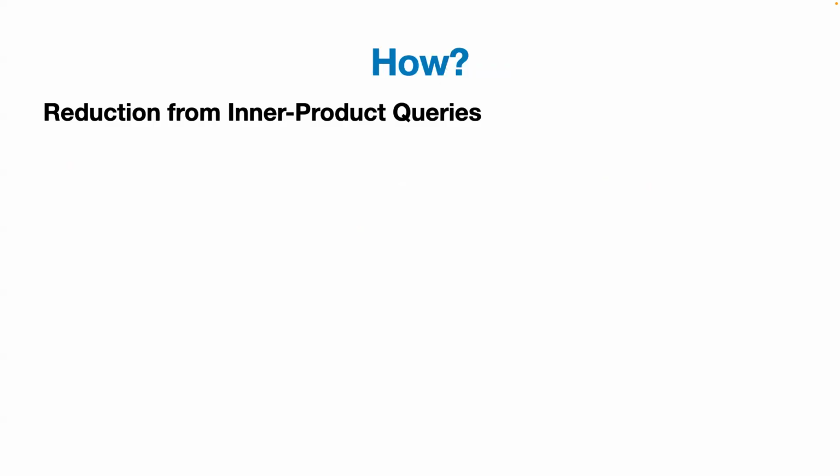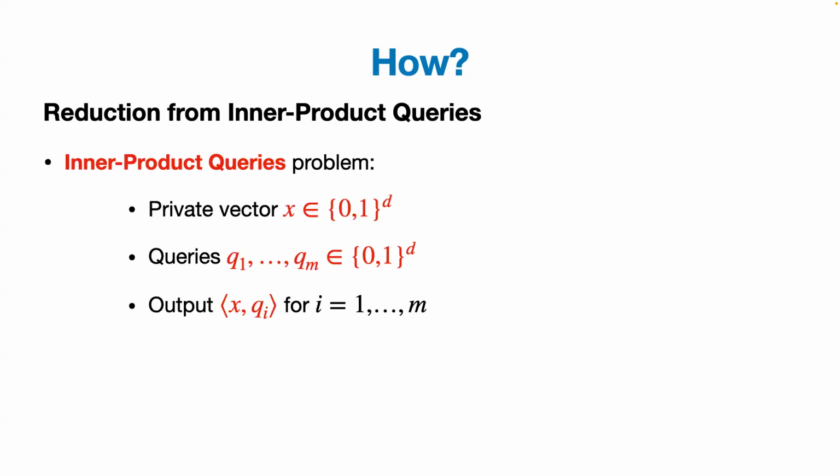So let's see how we show these lower bounds. In our paper, for all of the insertions-only lower bounds that we show, the theme is that we use reductions from this problem called inner product queries. In this problem, we have a private vector x, which is a d-dimensional binary vector.